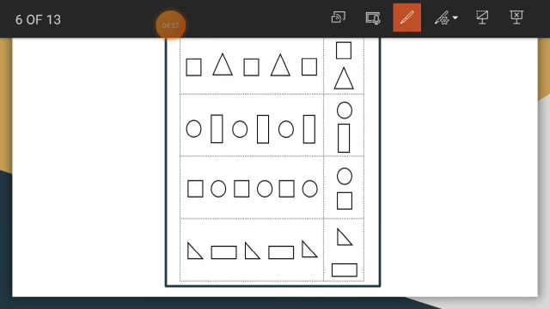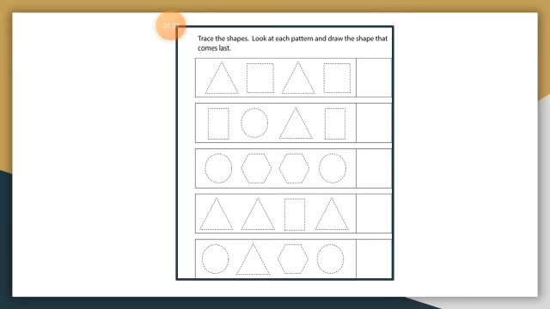Now let's move to the next slide. Look at this slide. Trace the shapes, look at each pattern and draw the shape that comes last. You will draw the shape that comes last and you will also trace all these shapes. We will trace the shapes and the next shape which will come we will draw over here in this box.